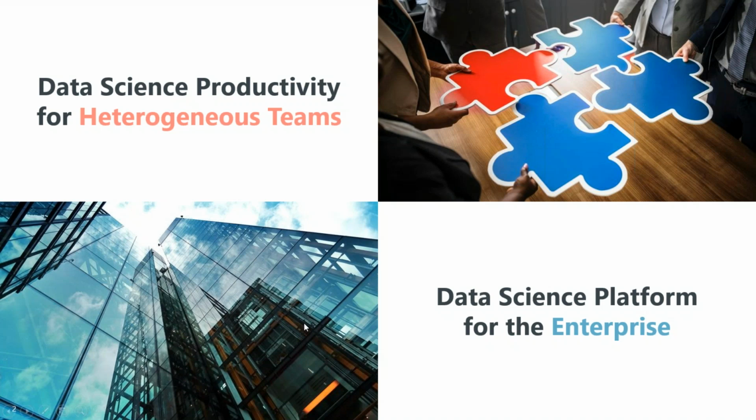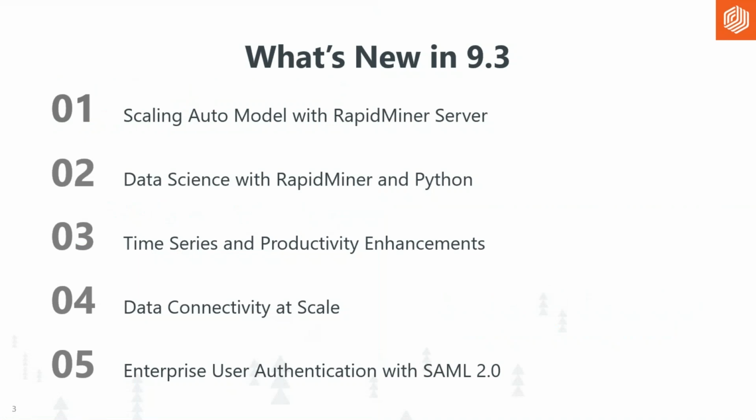So with that, let's quickly look into the actual capabilities that we deliver. The first one is around the AutoModel. You might be familiar with the AutoModel in Studio. So far, it was a productivity tool for the individual user on RapidMiner Studio, but there was one flaw: it was only executing locally on RapidMiner Studio.